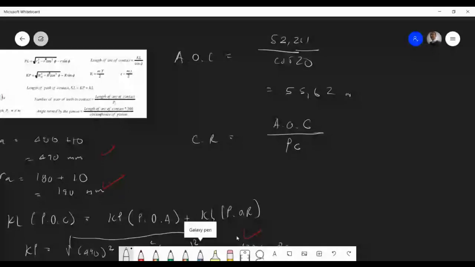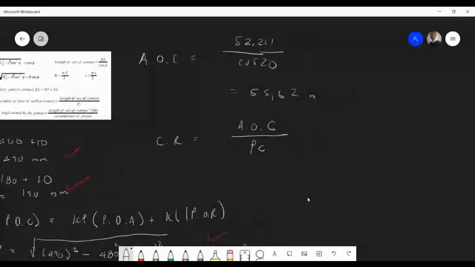PC is the circular pitch, and it's very simple to work out. All we have to do is take pi times your module. In this case it's pi times 12, which gives you 37.699 millimeters. Always remember it's pi m.